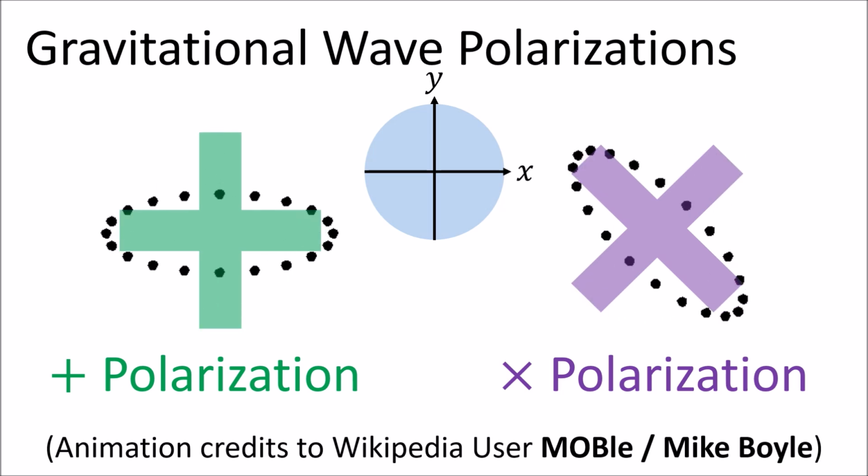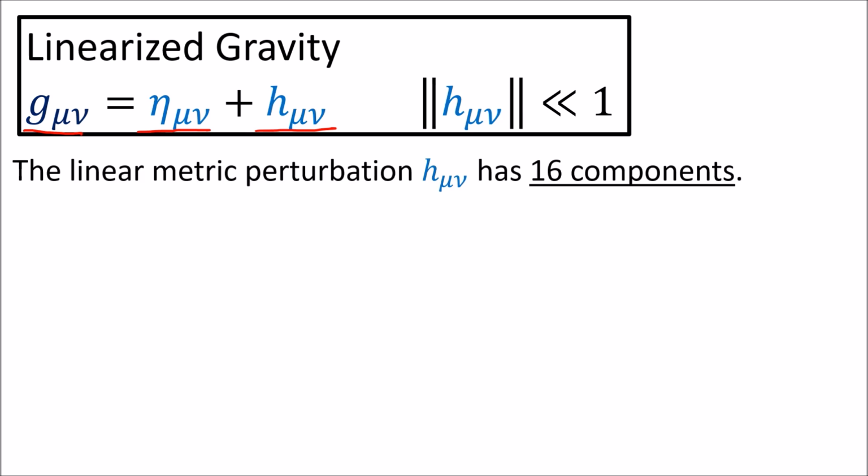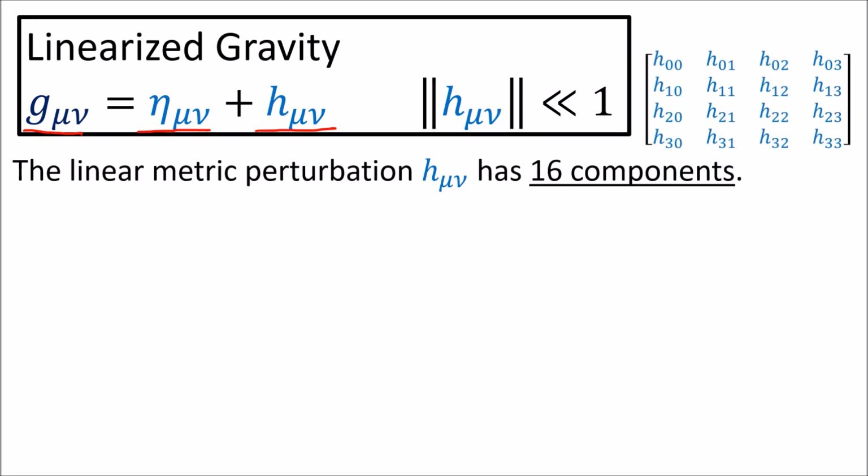phases. So we know that in linearized gravity, the metric g can be written as the flat metric eta plus a small perturbation h. This h perturbation has 16 components. So it's worth asking if there are maybe 16 different types of gravitational waves that can propagate through spacetime.